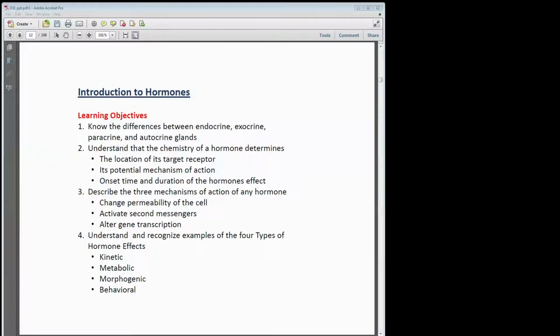That's pretty much your overall metabolism, and it's increased by thyroid hormones. So it does have a metabolic component to it.